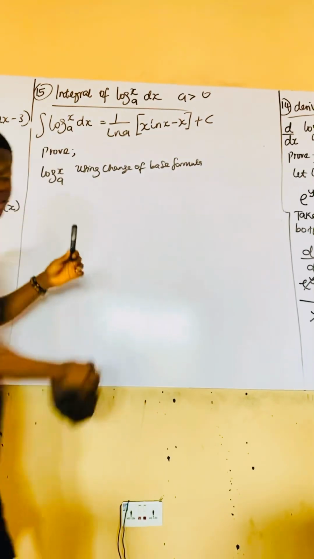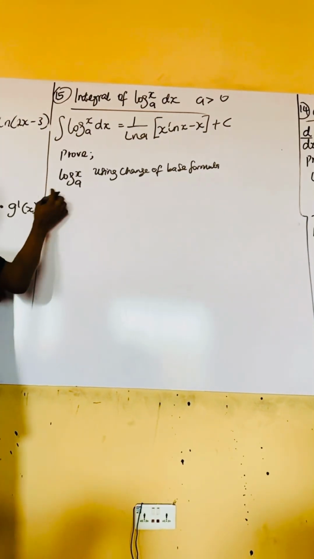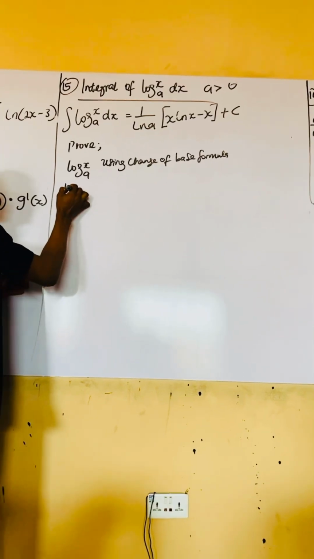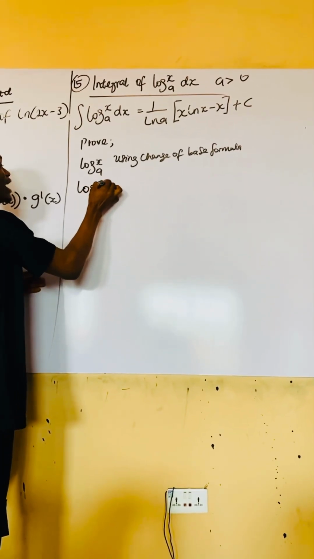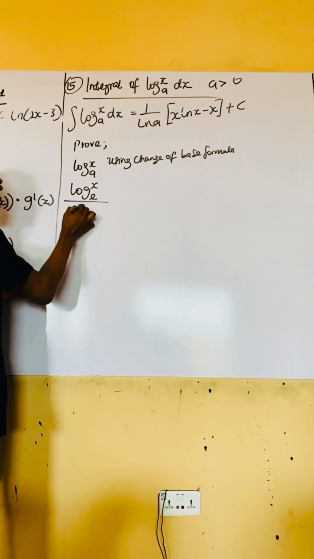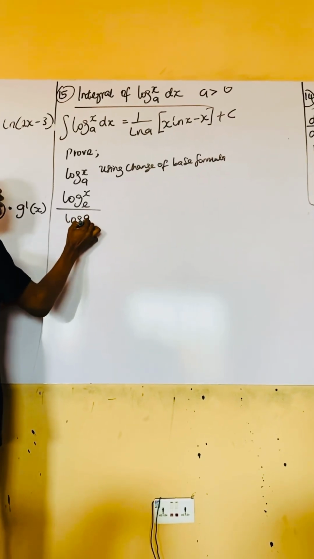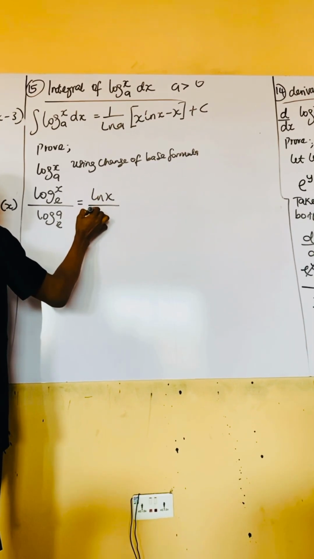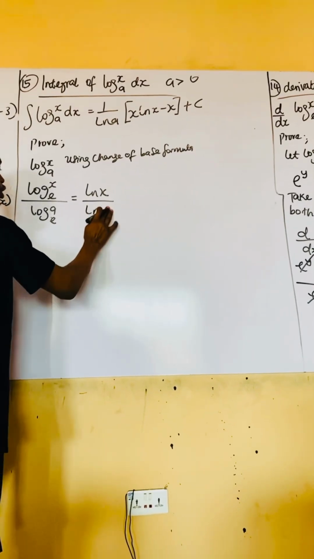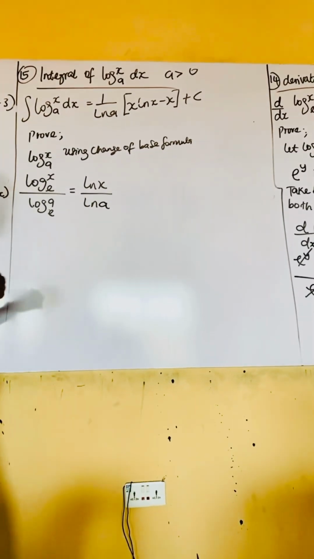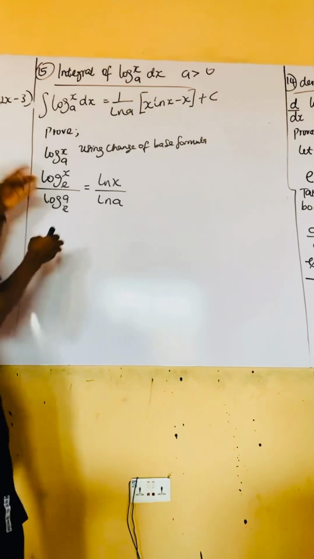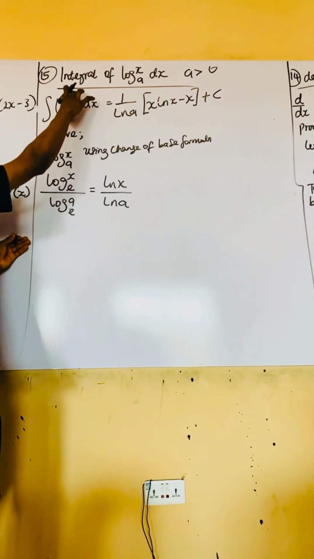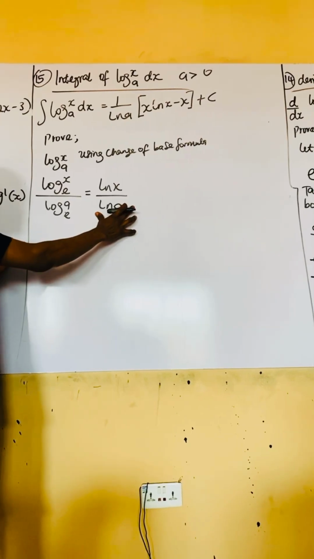So let me put it like this: log x base e over log a base e is equal to ln of x over ln of a. True of us? So since we have this, we have transformed it.